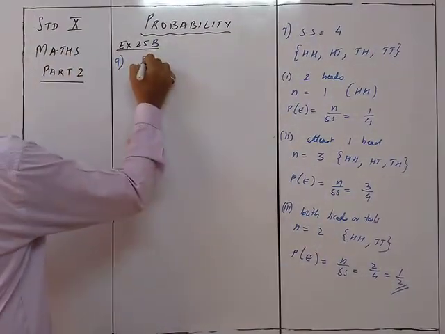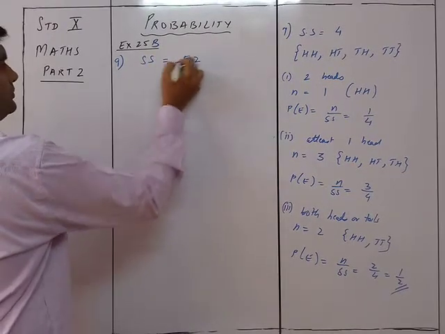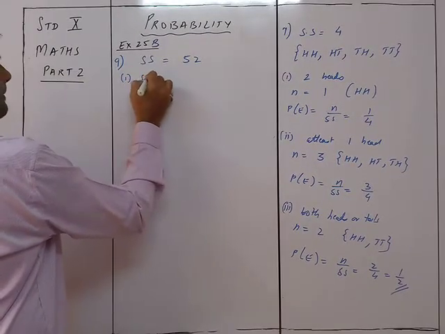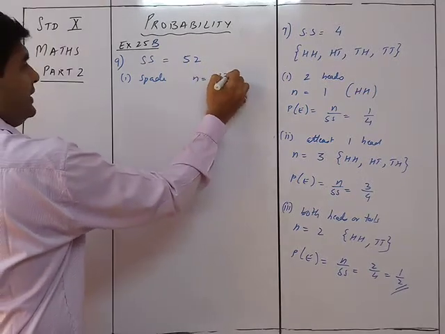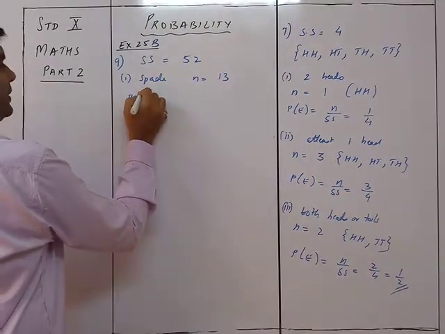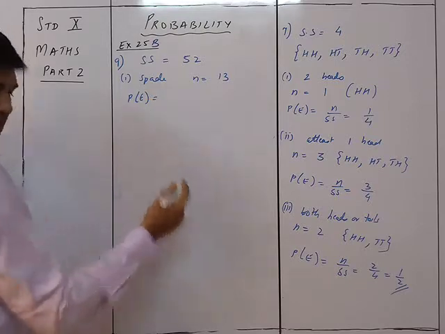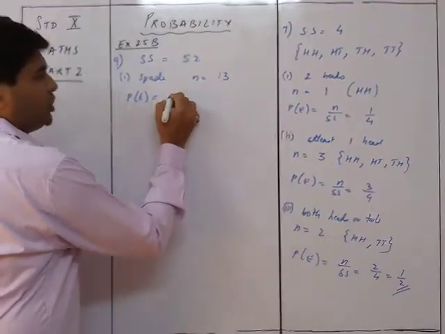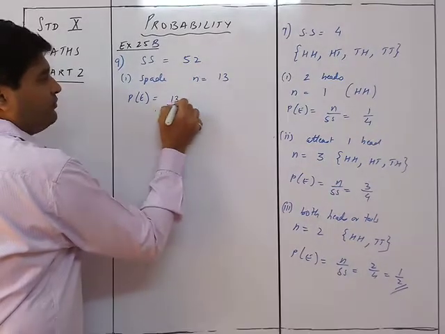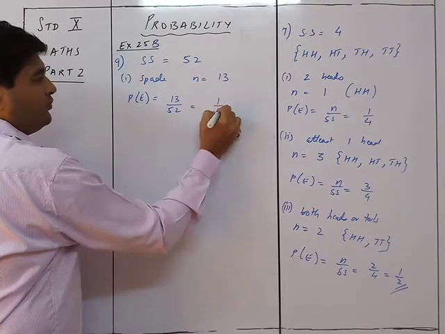So first thing is sample space is equal to 52. First one, spade. We know that n is equal to 13. So P(E) will be, I'll just show it shorter because there are too many of them, there are 8 of them, I'll not write each and every formula. So it will be 13 upon 52, which is 1 upon 4.